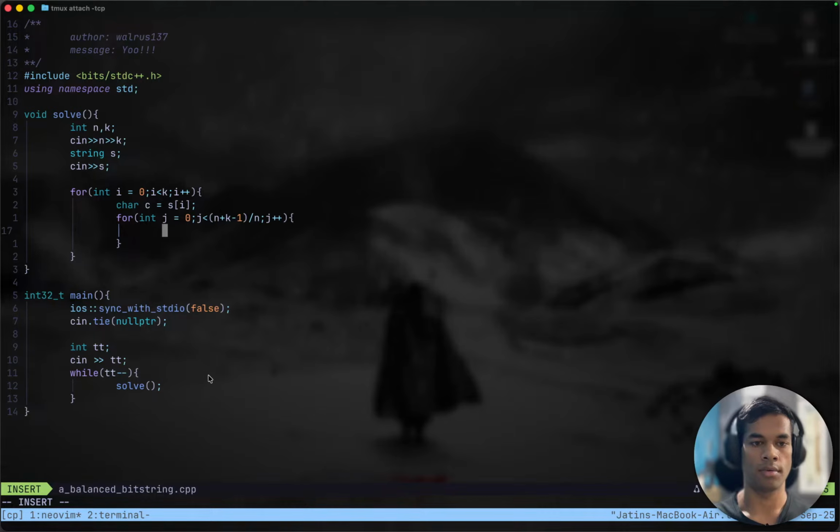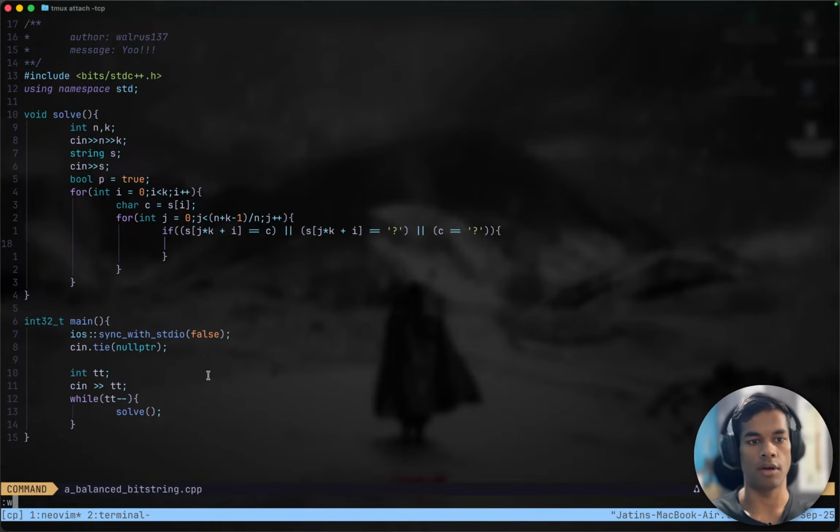Now, either bool p equals true. So if s[j*k+i] equals c, or this current thing, s[j*k+i], equals a question mark, or c equals a question mark, all of these cases are valid.